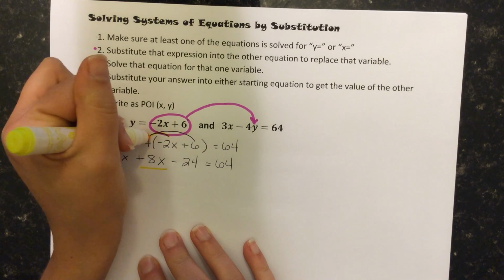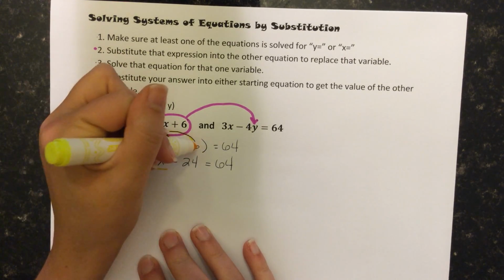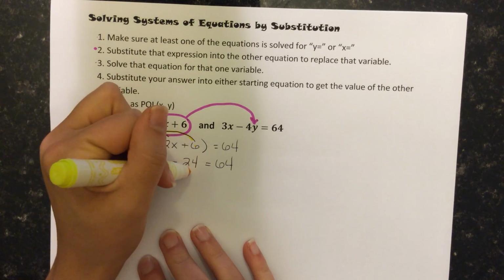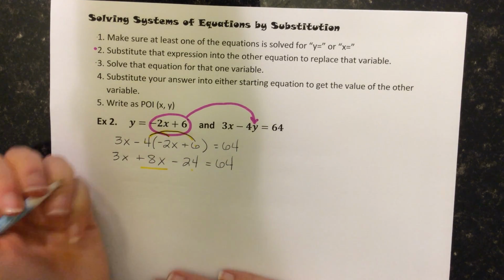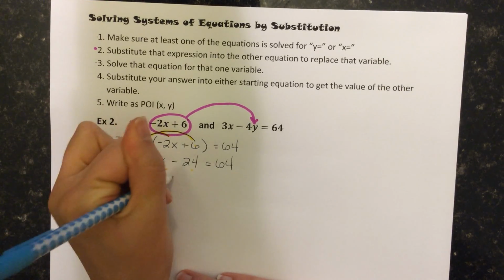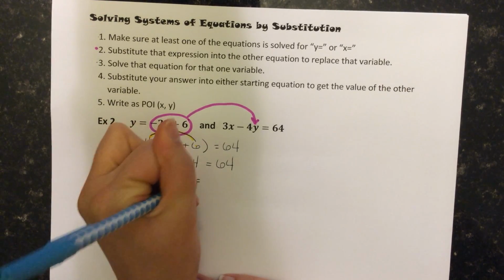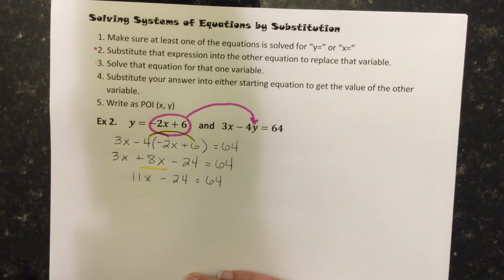It's really important that you understand that negative 4 times positive 6 is a negative 24. If those things are difficult for you, you need to stay after school to practice them. They're very important. I'm going to combine my like terms, so I'm not doing any opposite stuff yet. So I actually did add these things together.